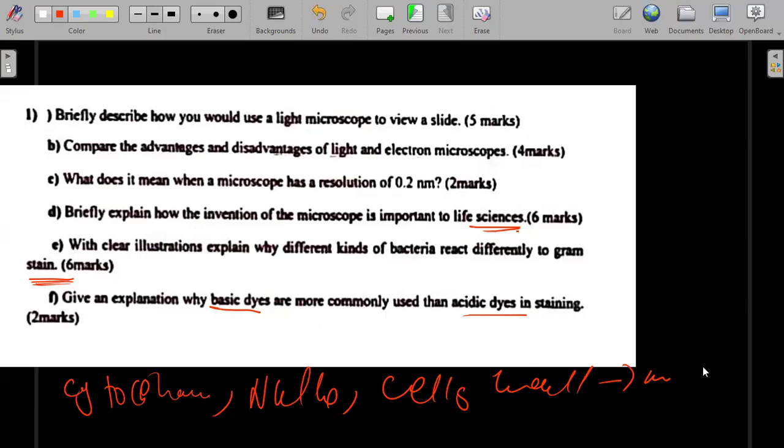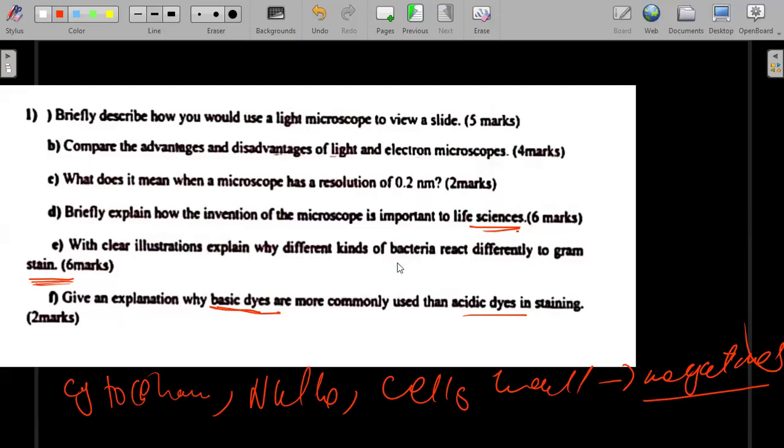Most of the cellular structures are negatively charged. So these are the basic dyes, and they usually react to negatively charged structures.